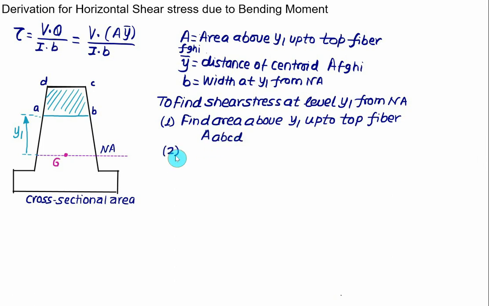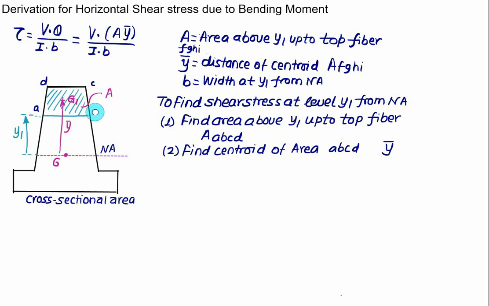Step number 2, find the centroid of this area. So you have to find out here the centroid of the area A, B, C, D. Let's mark this centroid equal to y bar. We can locate the centroid here somewhere equal to G, and this distance you have to mark as equal to y bar. This is the area A, and at this B we have taken for the width.